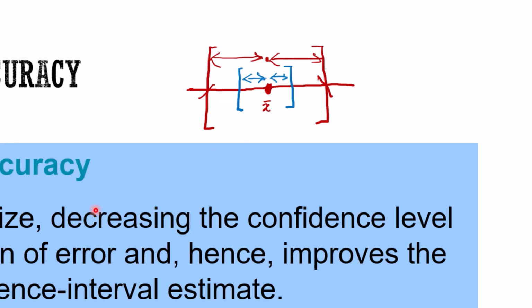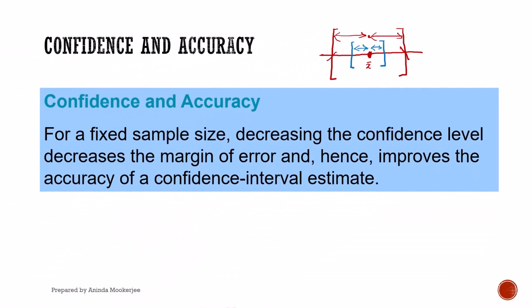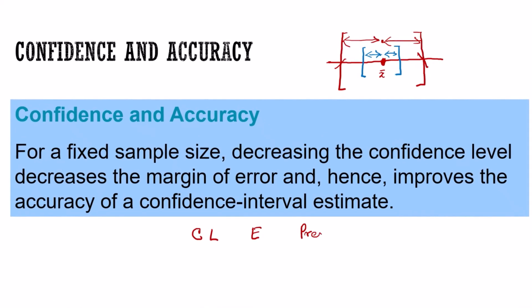So that's what we mean here, the relationship between the confidence level, the error, and the accuracy. I'm going to write that here: CL, confidence level, E for error, and precision or the accuracy. Both mean the same thing here.